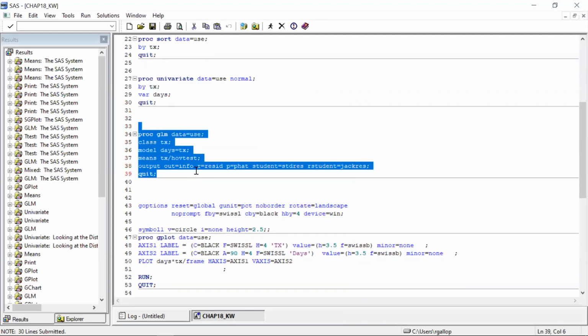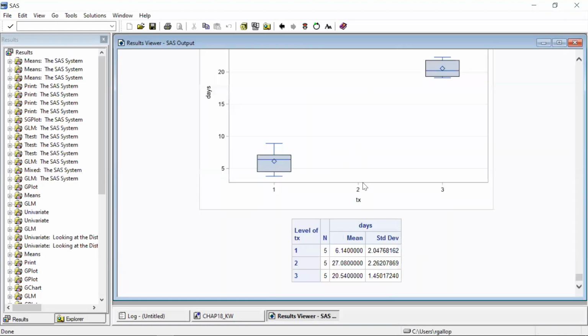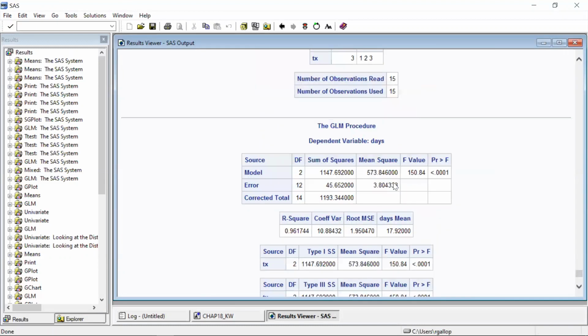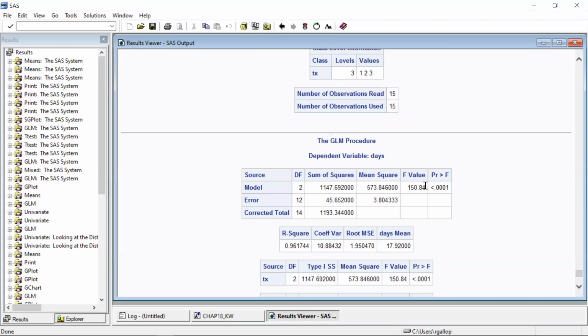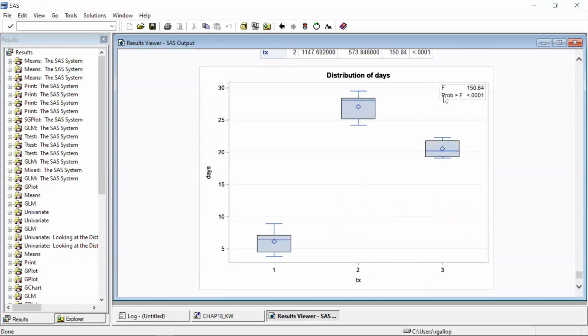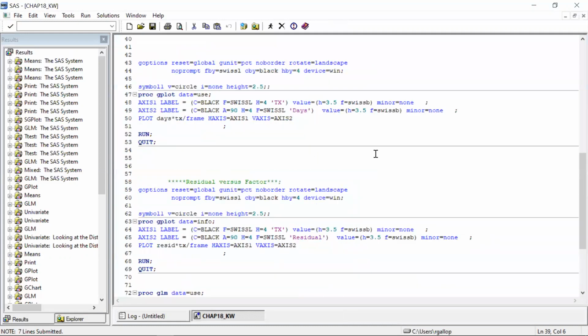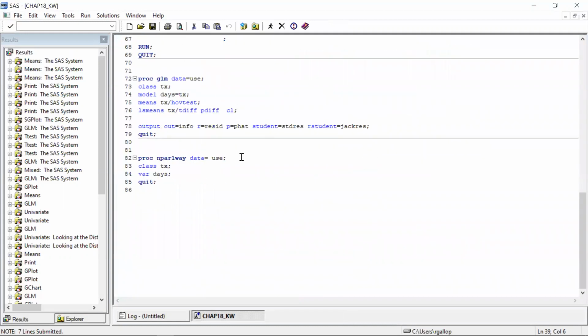Again, if we ran this data as a GLM, there's a highly significant difference on average, and you can see it's really treatment 2 that has the longest time. But if we wanted to run it non-parametric, this is the command. PROC NPAR1WAY will do the Kruskal-Wallis test. There is the categorical predictor and the variable we're analyzing.